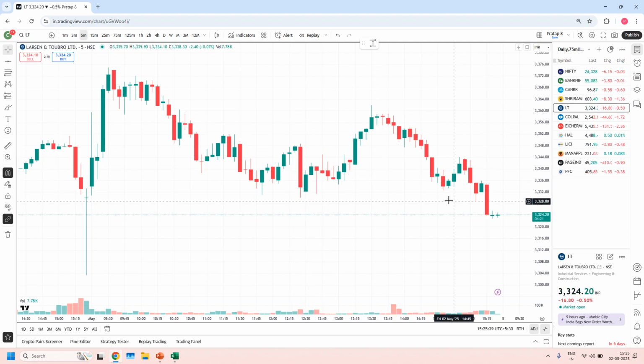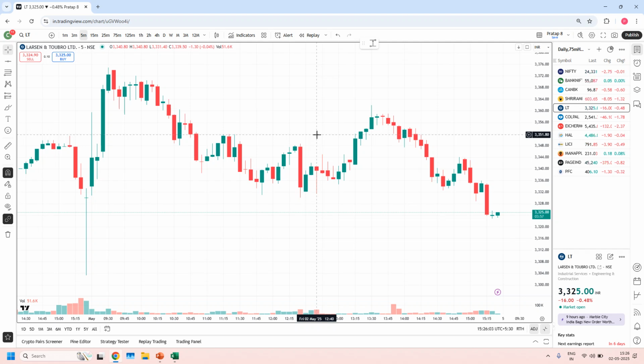Because you are analyzing L&T, but the price reached your Sriram Cements demand zone or supply zone. By the time you go back to Sriram Cements, you will be missing the trade, because it gave you an entry and it is moving towards our target.